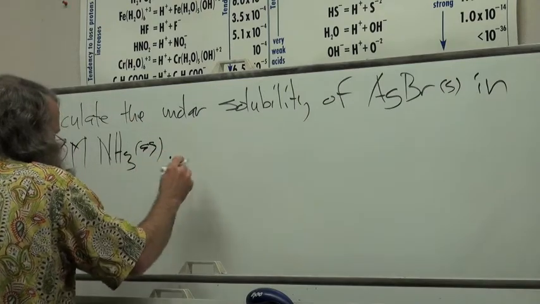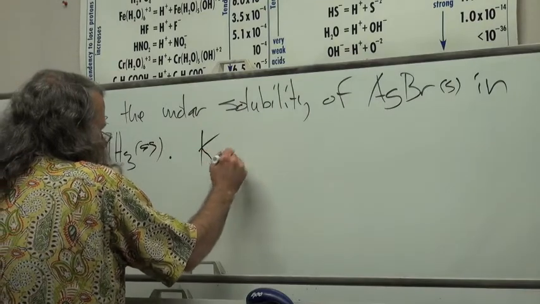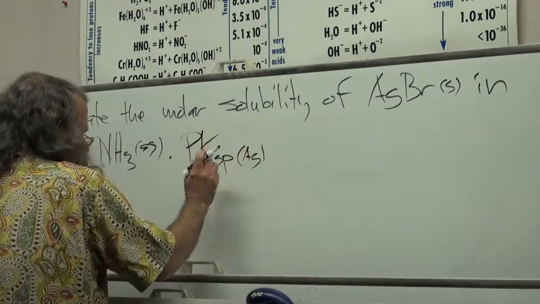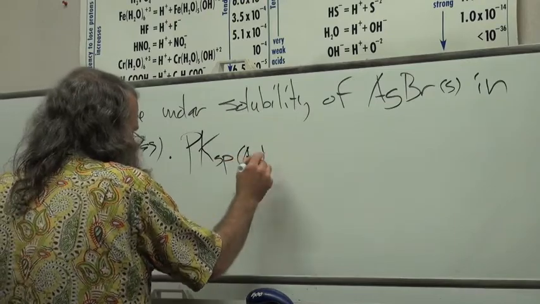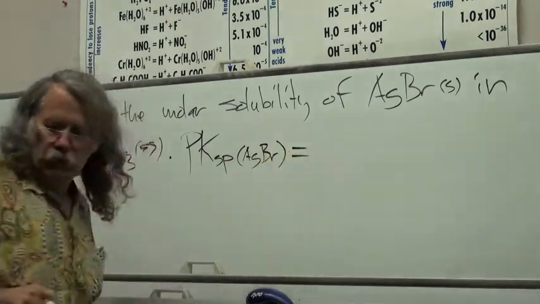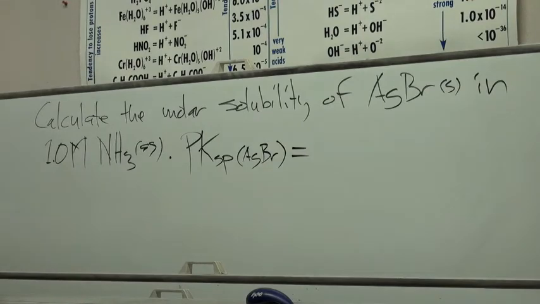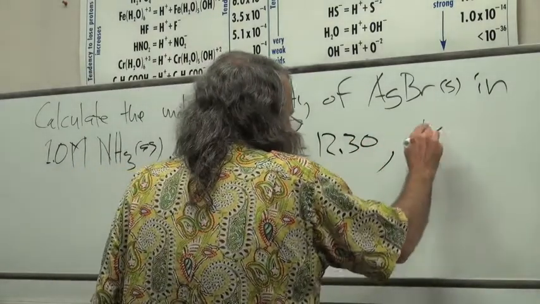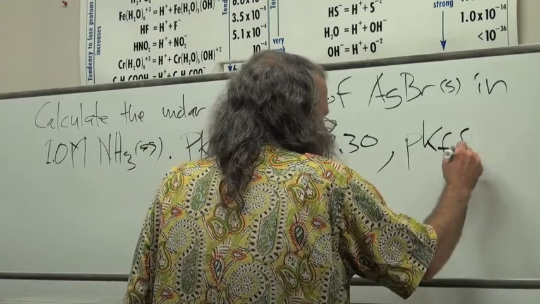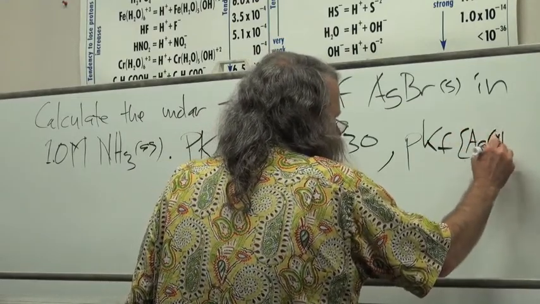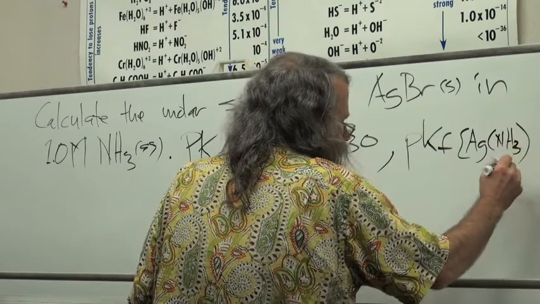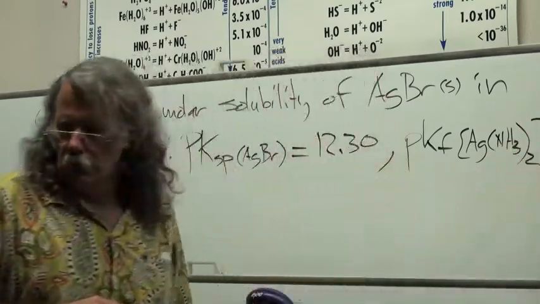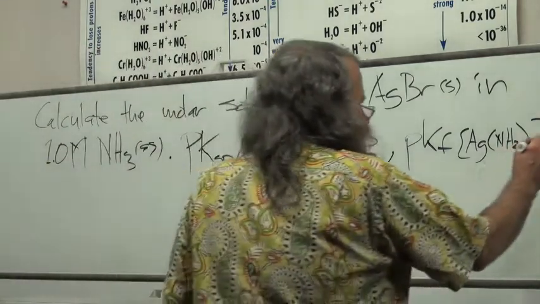And I gave you the pKsp for silver bromide, which is equal to 12.30, and the pKf for the silver diamine complex, which is equal to minus 7.26.